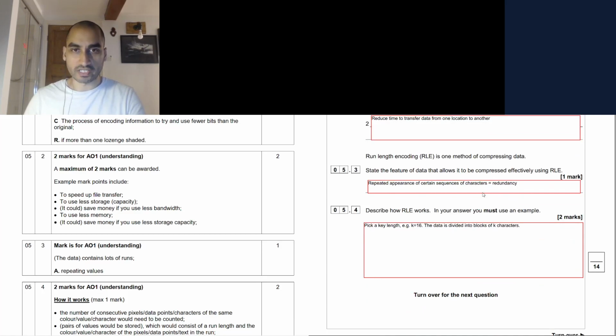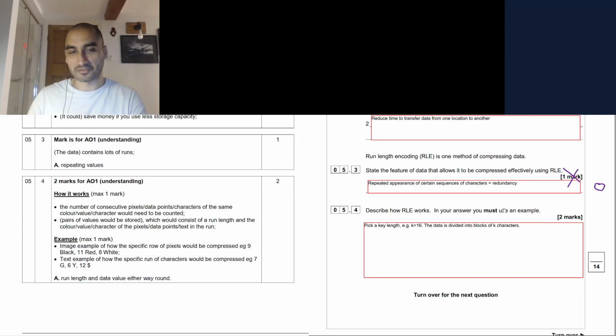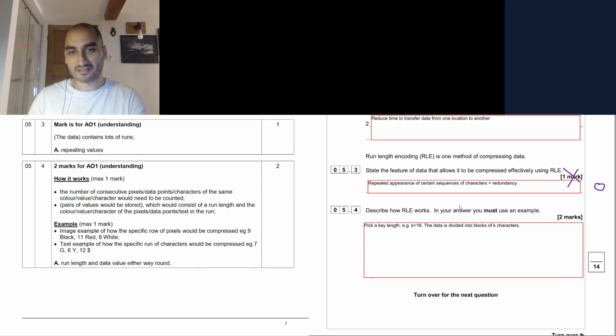Okay, here we go. And I'm not going to get these marks. Data contains a lot of runs, repeating values. Oh, I said it. But then I thought, nah, that can't be right, can it? I should have written it down because that's better than what I wrote. Repeated appearance of certain sequences, not quite. Nope. I said it and then I was like, nah, that couldn't be right because it just seemed like really contrived data.